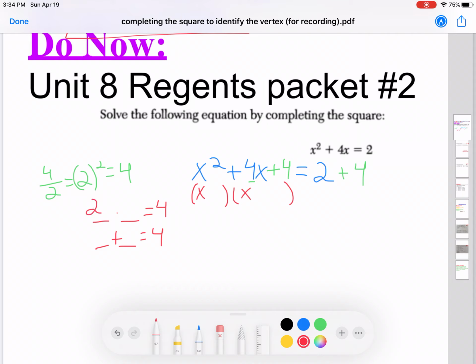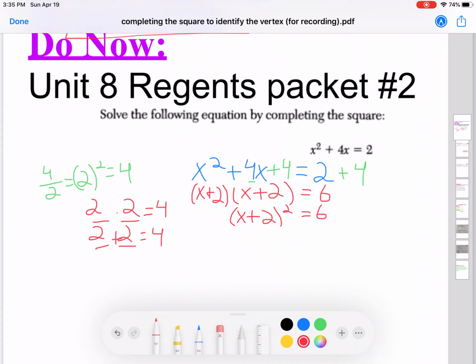Hopefully that's relatively obvious that we're going to use positive 2 and positive 2 because 2 times 2 is 4 and 2 plus 2 is also 4. In completing the square, you should always have the same binomial twice because we're going to then just write it once, squared. We also need to simplify our right side. Simple enough. 2 plus 4 gives us 6.